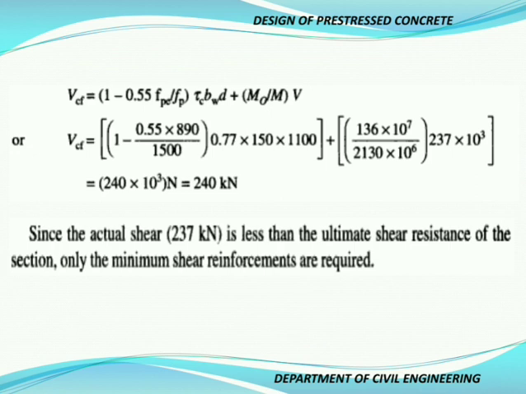Our section can resist shear up to 240 kilonewton, and the given value was 237 kilonewton. Hence it is safe in shear and minimum shear reinforcement will be required, is the conclusion. Now what is that minimum shear reinforcement? And if it is not safe in shear, what is to be done? We will be studying that in the next part of the examples.